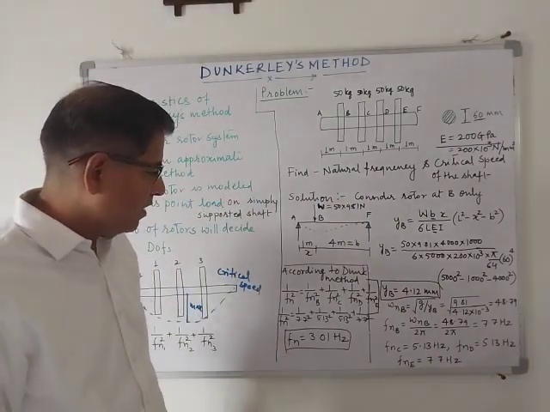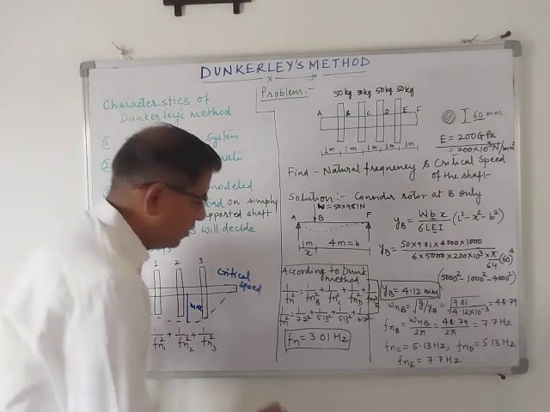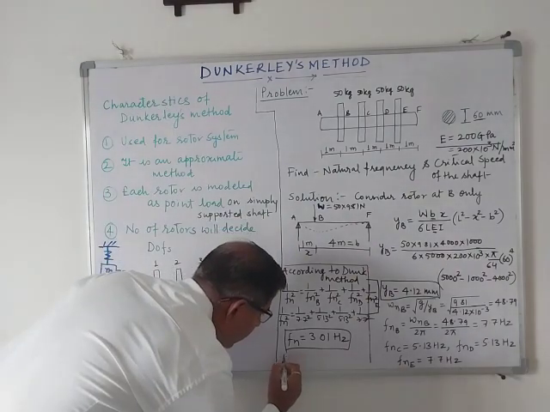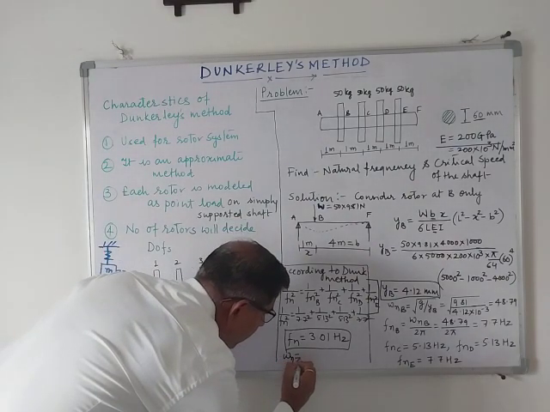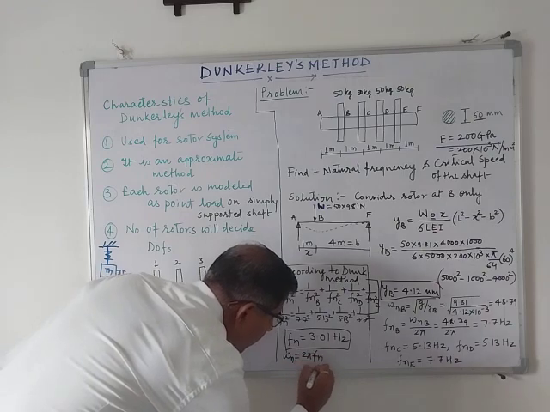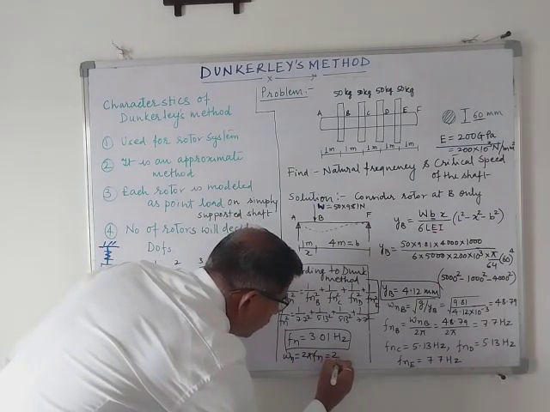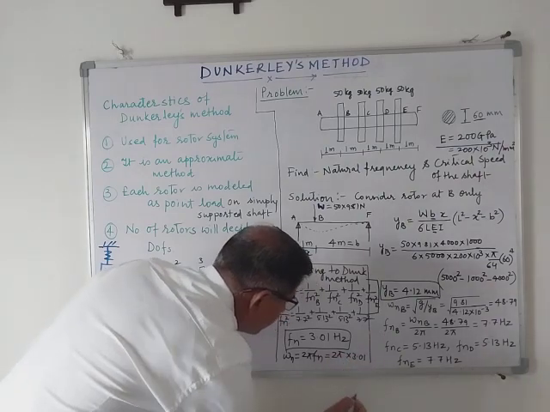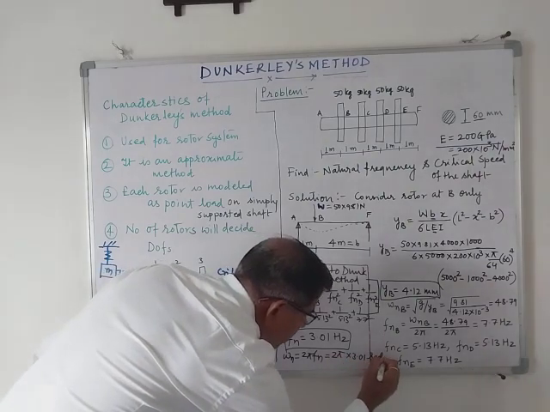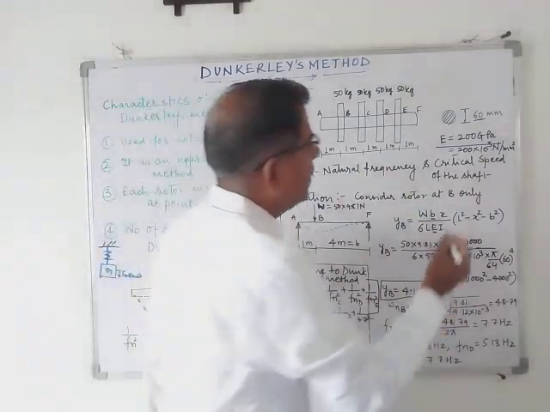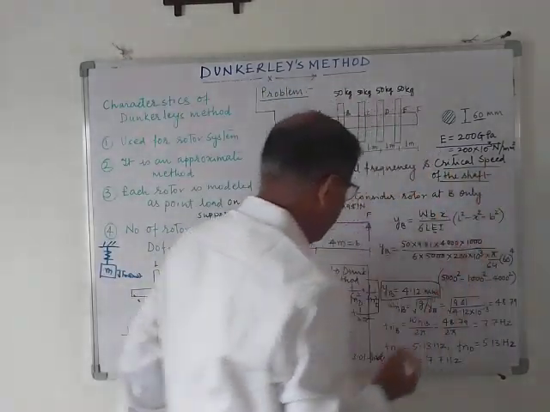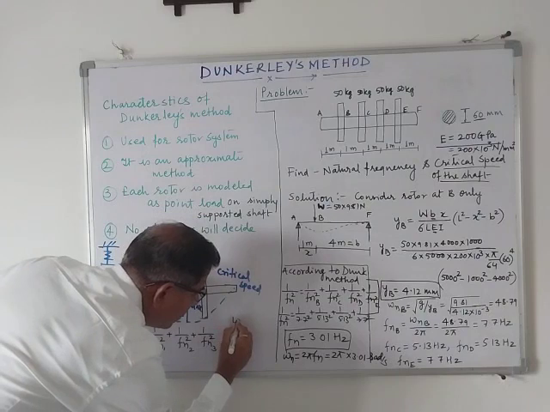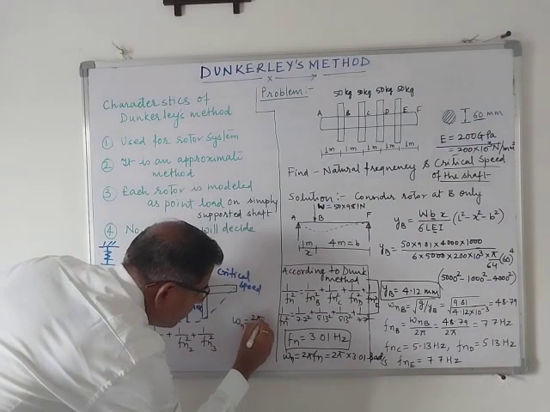So here you can find out the critical speed. First you convert it into omega n as 2 pi Fn. So 2 into pi into 3.01. This will give the answer in radian per second. And to find out the critical speed of the shaft, we know that omega n is equal to 2 pi N by 60.